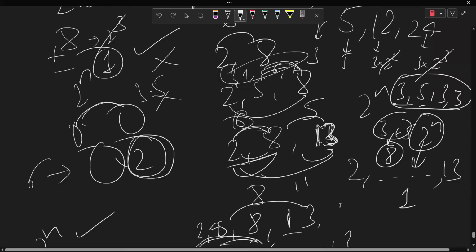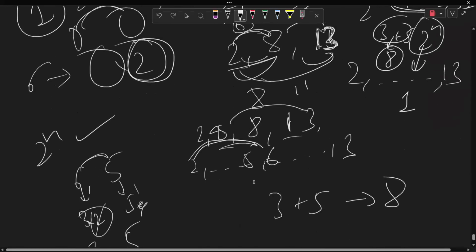So basically here again, what you need to do is just take the GCD of all these differences after removing the powers of 2. If the GCD is 1, it means you can have all consecutive values. If the GCD is not 1, it means you cannot.